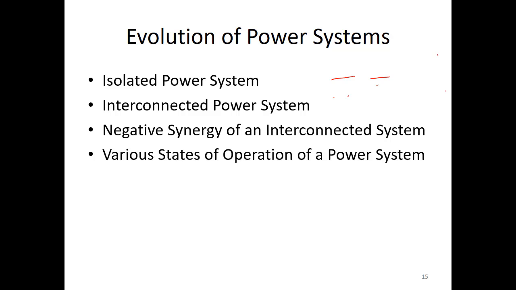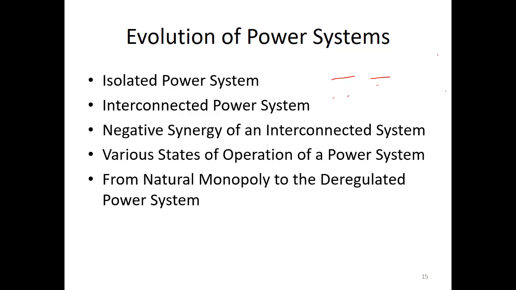In fact, practically it never happens that the total load in the system becomes equal to the total generation, because as I told, the disturbance is continuous, so it is difficult to achieve exactly the steady state condition in the power system. But for analysis purposes we assume a steady state condition.